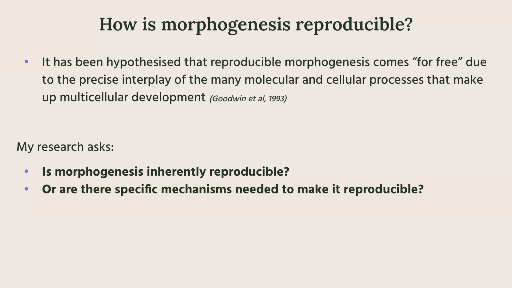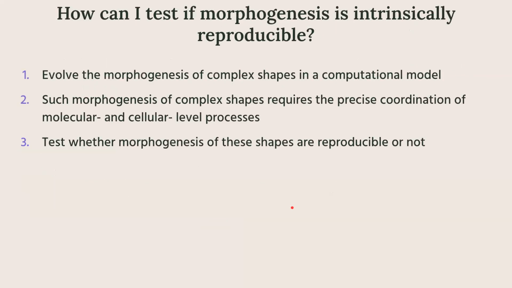So what I've been asking with my research is whether morphogenesis is an inherently reproducible process. If you can have complex morphogenesis, is it automatically reproducible, or are there specific mechanisms needed to make morphogenesis reproducible? So the research I'm going to go over today is outlined as follows.